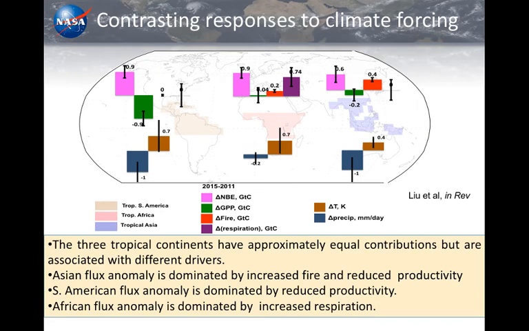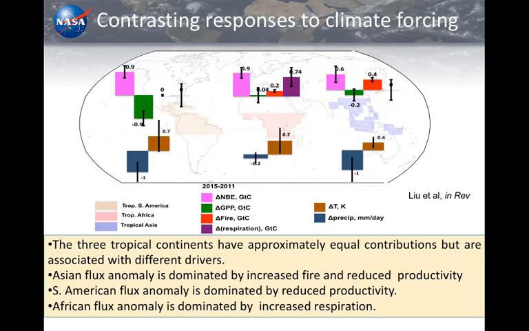The contributions of each of these regions, tropical South America, Africa, and Asia, are about the same amount: 0.9, 0.9, and 0.6 gigatons. But the reasons why they contribute vary from each continent. For example, you can see that most of the net exchange in South America is driven by reductions in gross primary productivity between 2015 and 2011.